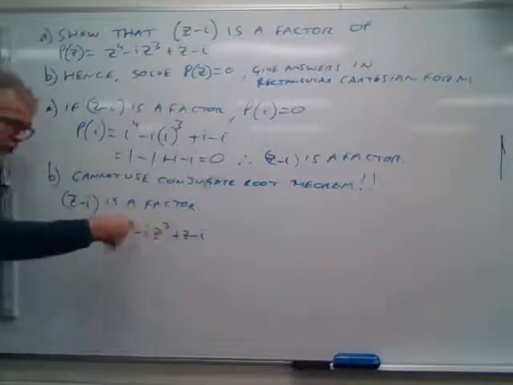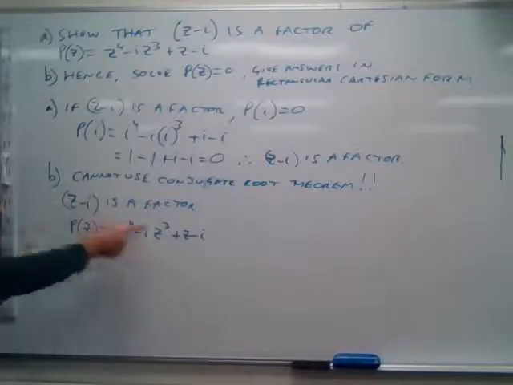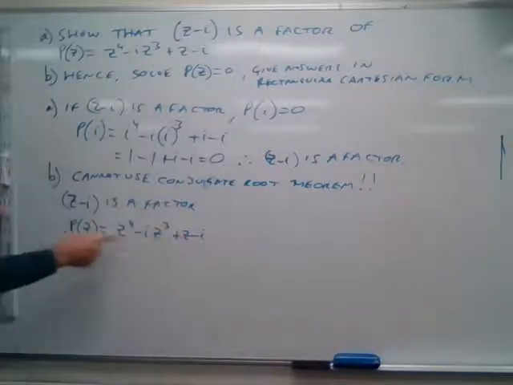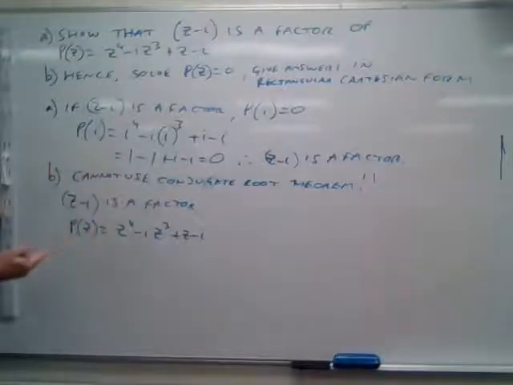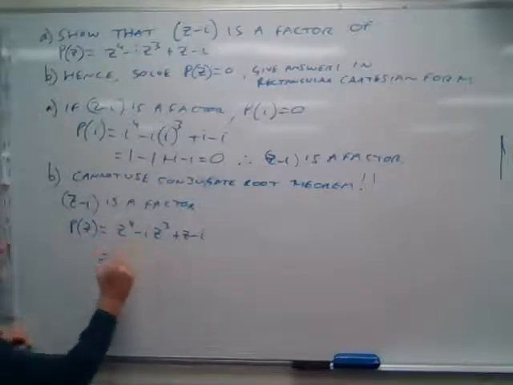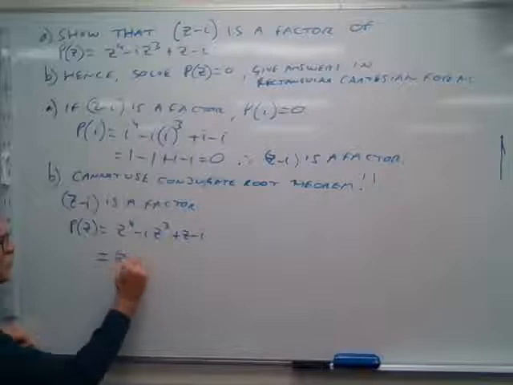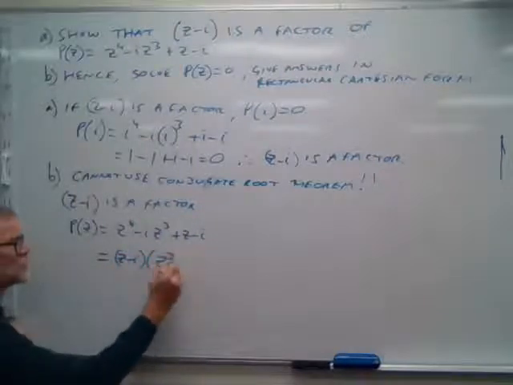Or you could just look at the expression we've got here, and think, well, if this is a factor, I can see that, and it's there. I can see that there because it's got a Z, it's got a minus I there. I can just factorize it straight away. So the first way you could just do that by looking at it, and you can see, oh, look, there's Z minus I. I multiply that by Z cubed.